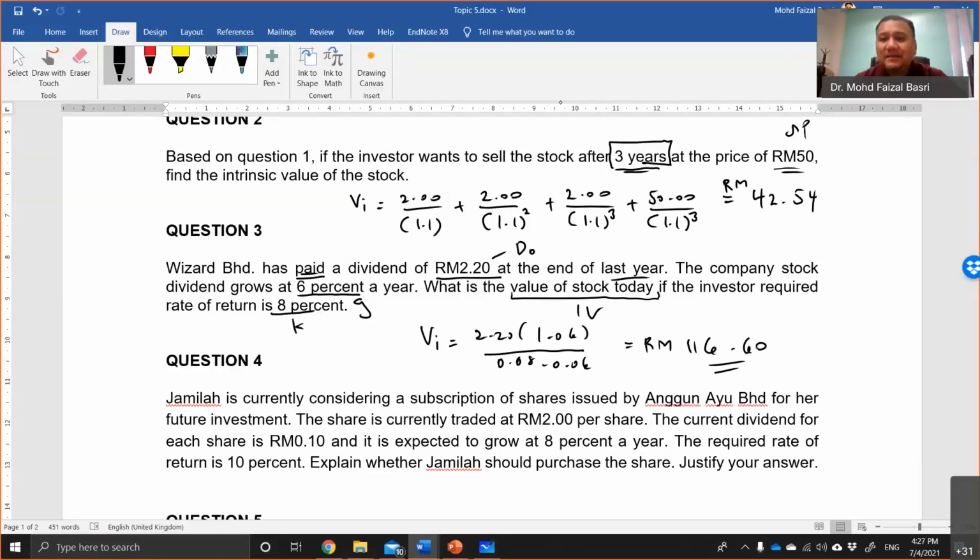Okay, 116 ringgit and 60 cents. So the key is to understand whether this dividend is D0, which is based on recently paid, or expected, which is D1. Similar to constant and inconstant growth, the question can ask you to find any of the information.